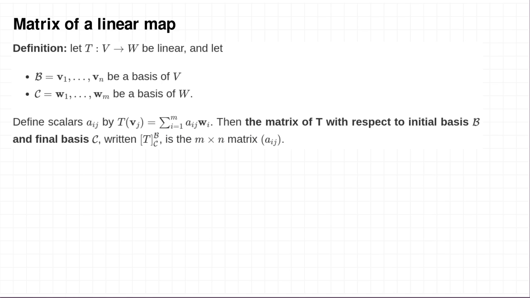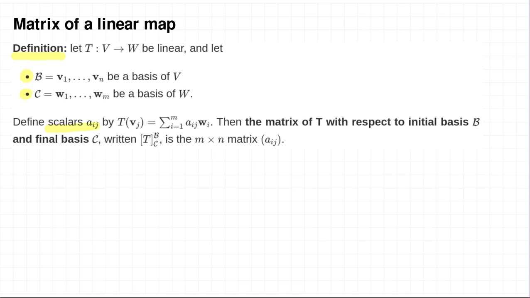So here's the formal definition. We take a linear map T from V to W, we choose a basis, which I've written as B here, for V, and we choose another basis for W, called C. Then we notice that T applied to a basis vector Vj can be written as a linear combination of the W's, and so we define the scalars Aij to be the scalars that we need to do that.